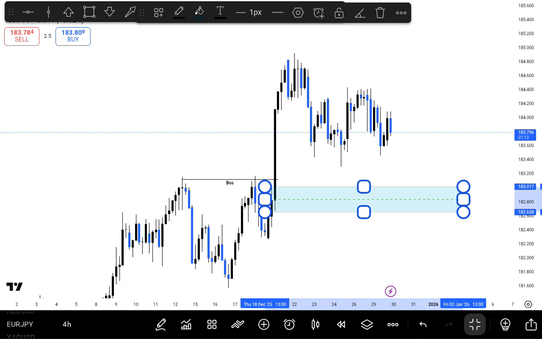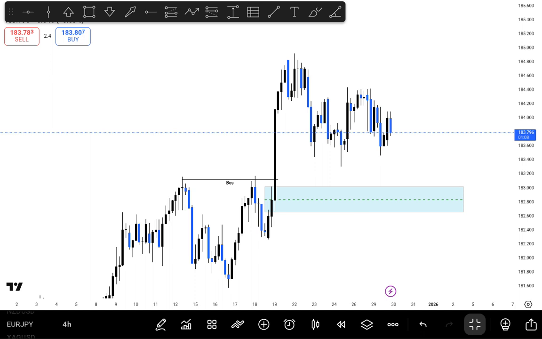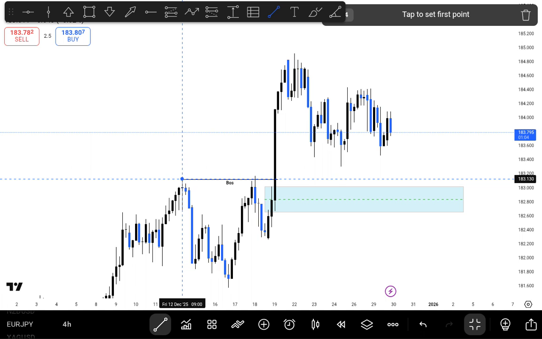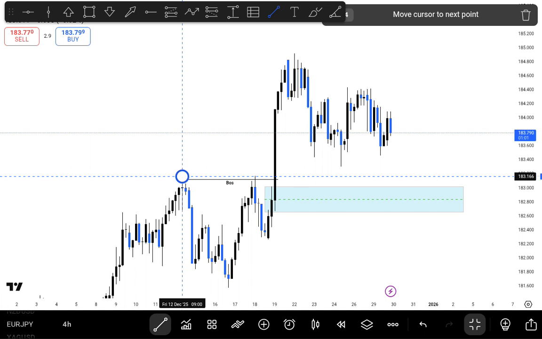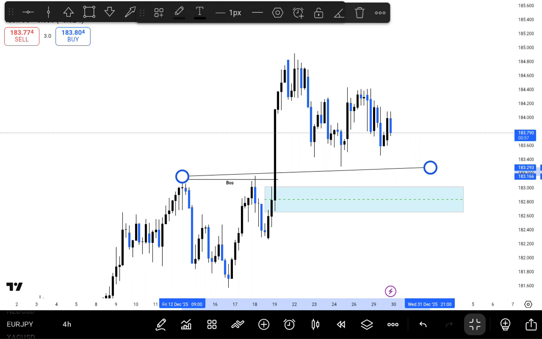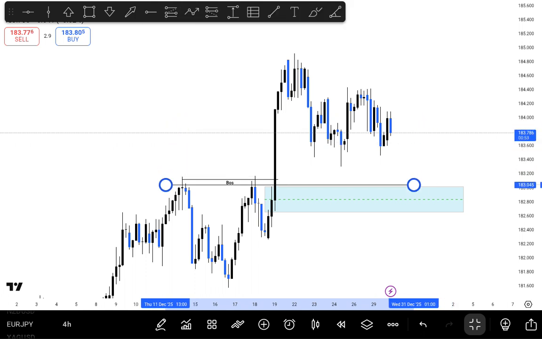So going lower in the lower time frames, I know I'm going to be searching for price action within this zone. This is a very good trade. It's going to be a very amazing trade. So let's first try to mark it really well.